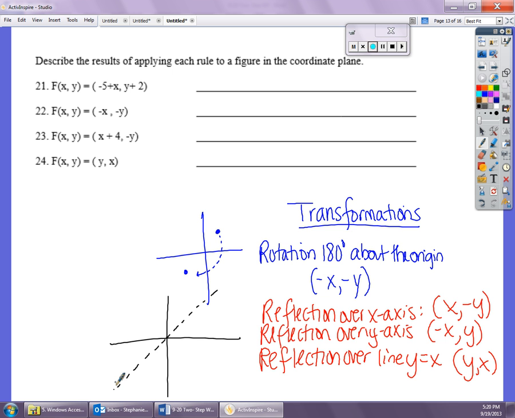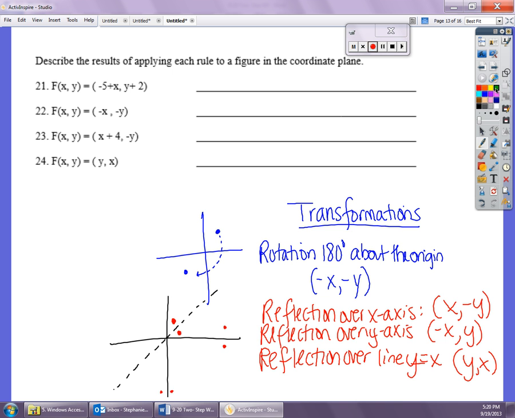So basically what the rule is saying is that if I'm here at (1, 2), the reflection over that line will put me at (2, 1). See, it reflects right over that line. So that's what this is saying here. And then of course this is your reflection over the x-axis, reflection over the y-axis.